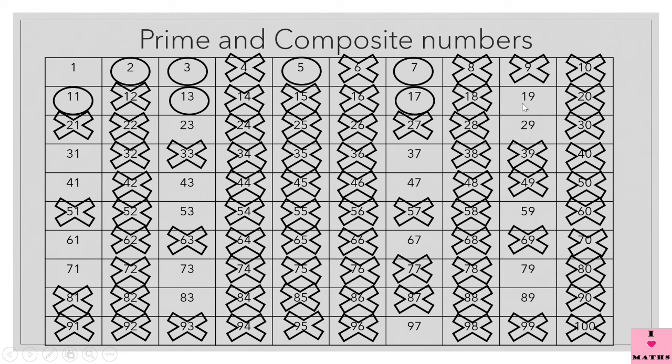Now the next number is 19. Now I'm going to encircle 19 and cross its multiples. Okay. Right.